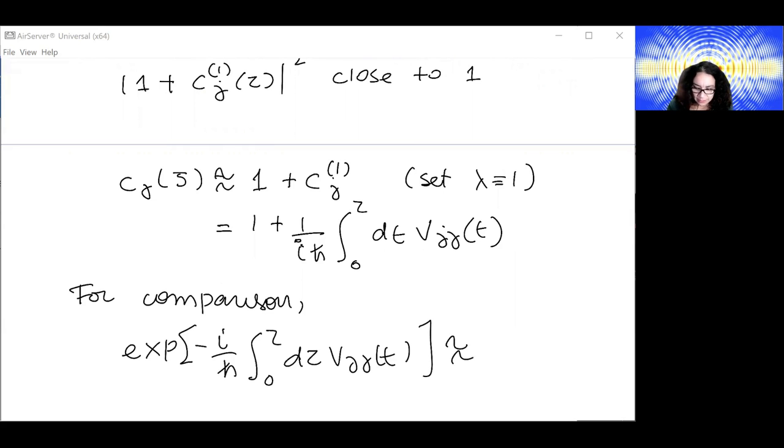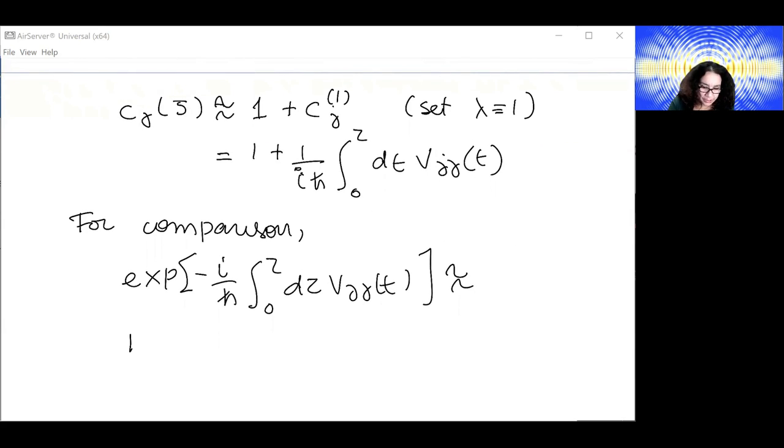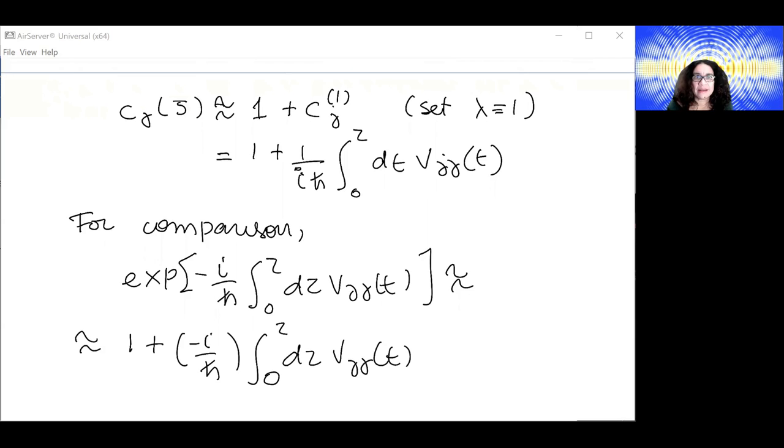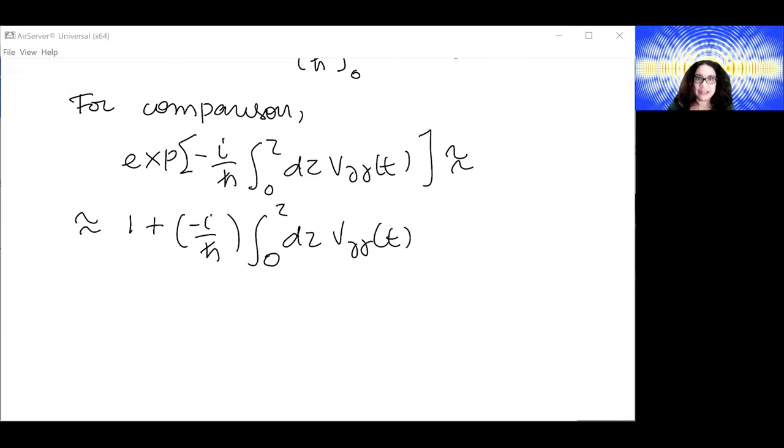To first order, this is going to be approximately 1 minus i over h bar, integral 0 to t d tau V_jj(t). Can you see that this correction is like a phase shift? So to first order, the correction that you introduce due to the perturbation is like a phase shift.